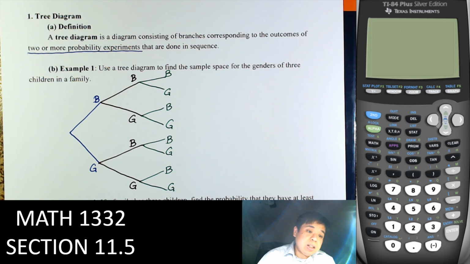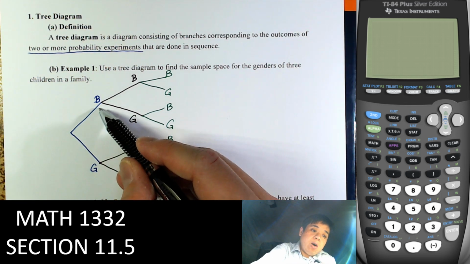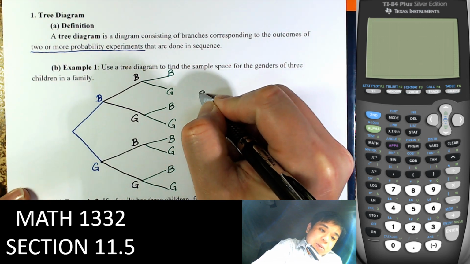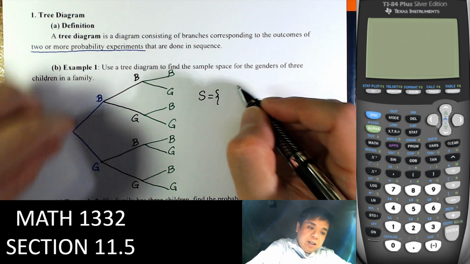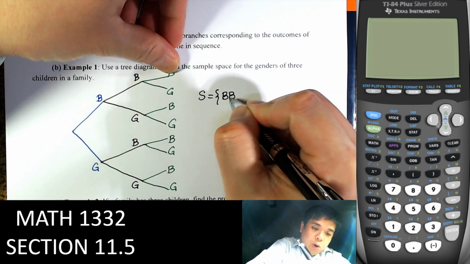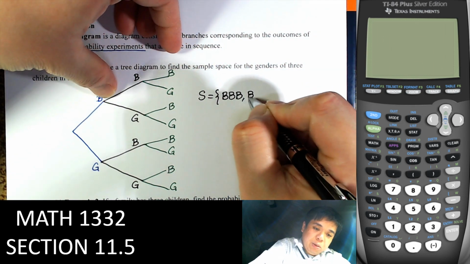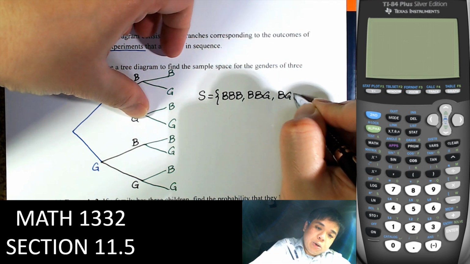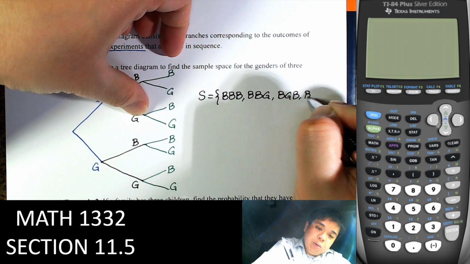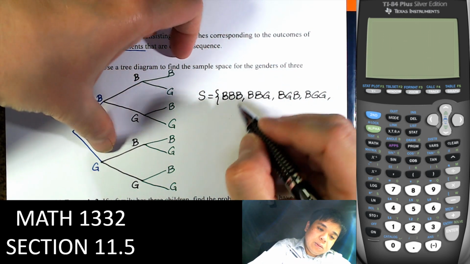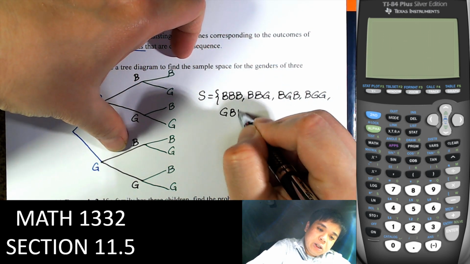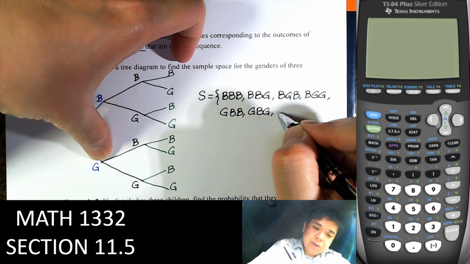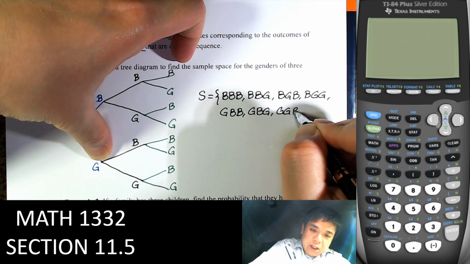When we list the sample space, we just trace along the branches of the tree. So the sample space is the set of: all boys, boy boy girl, boy girl boy, boy girl girl, girl boy boy, girl boy girl, girl girl boy, and all girls.